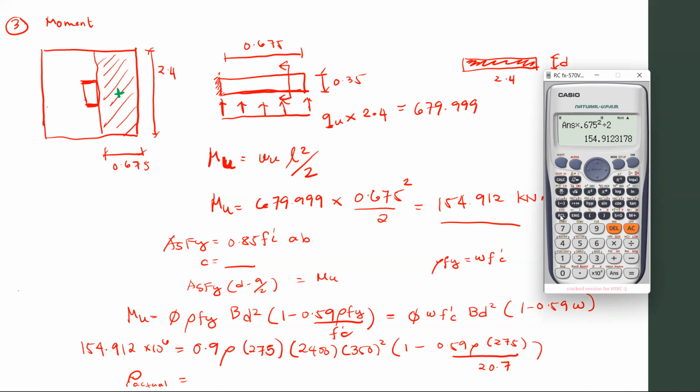Shift store to A. Okay, so meron tayong moment times 10 raised to 6. Equate it to 0.9 times unknown x rho, then 275 multiplied by 2,400 multiplied by 350 squared.